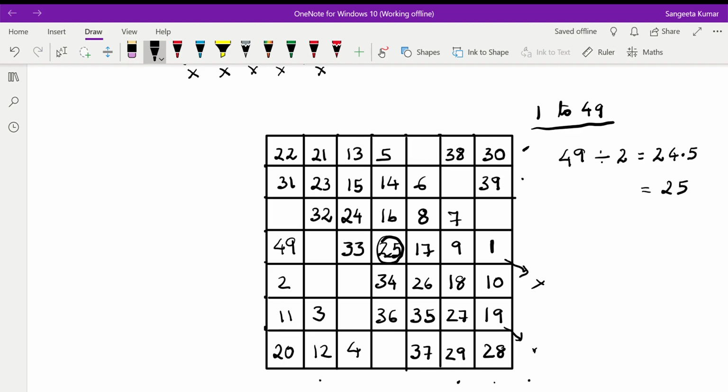Come here. This cannot be filled. So 40, 41, 42, 43, 44, 45, 46, 47, 48, and this cannot be filled. So see, the first and the last are in the same row, at opposite ends.